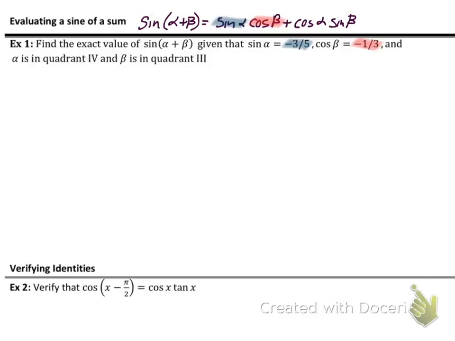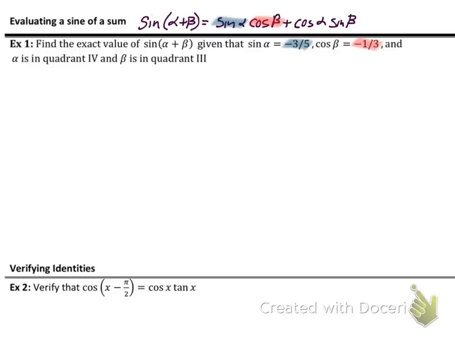The unfortunate thing is that just gets me these two. I still need to find my cosine alpha and my sine beta to finish this problem. Like I have to have something that says cosine alpha equals 4 and sine beta equals 6, plug everything in, solve it, and we have an exact answer. Unfortunately, we're missing those two things.